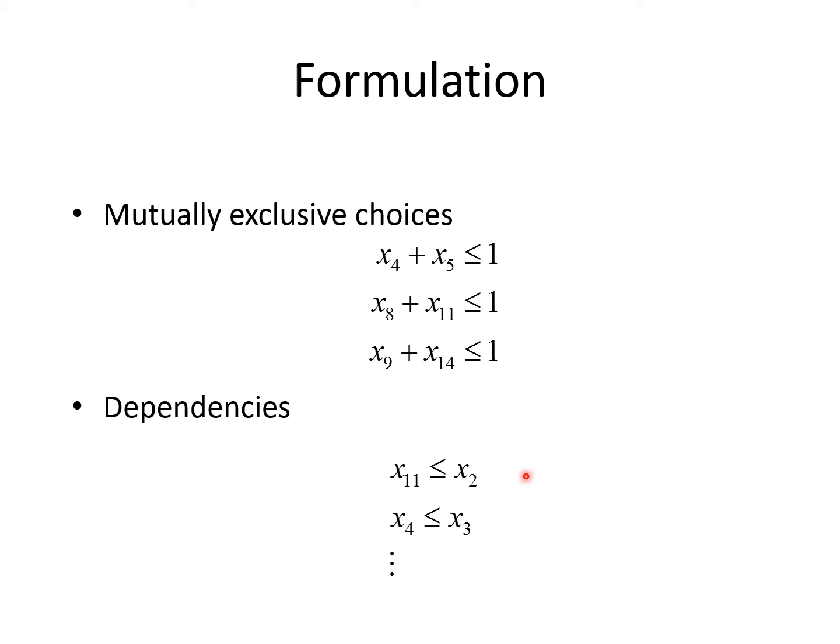You can select x2 without selecting x11, so it becomes 0 minus 1, which is minus 1. But you cannot select x11 without selecting x2, so you will never have x11 as 1 and x2 as 0. That means 1 minus 0 is 1, and this is not less than or equal to 0, so it's not allowed. And that's how it works. Very simple, but a logical relationship between those two projects to enforce this dependency relationship.